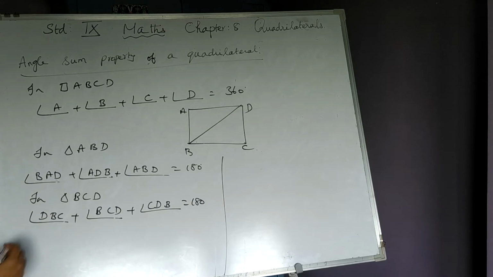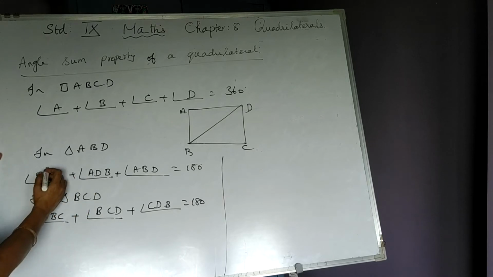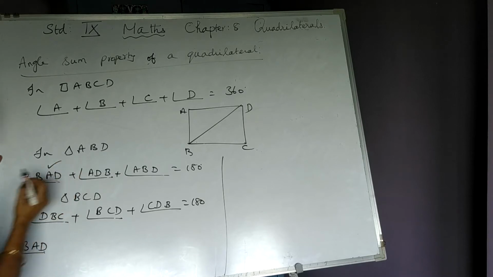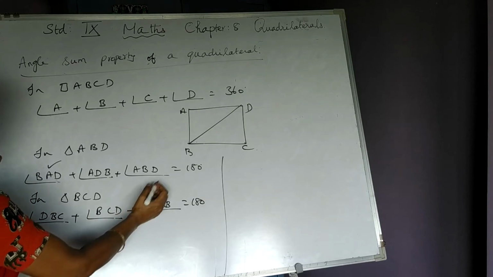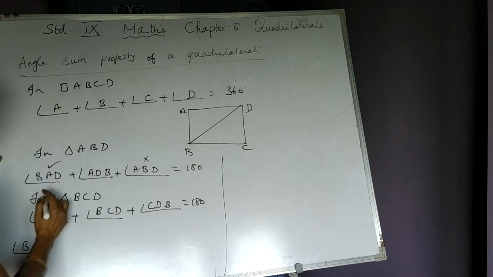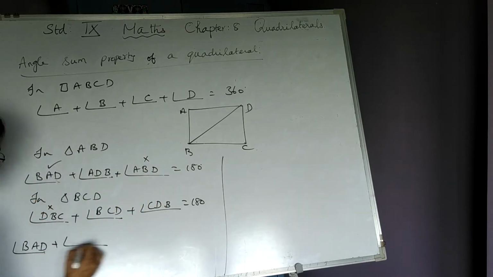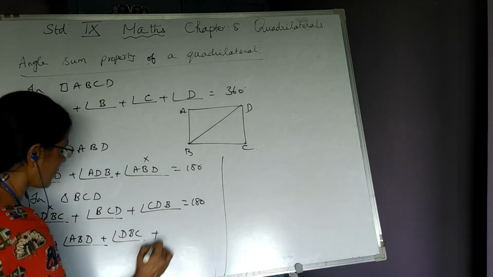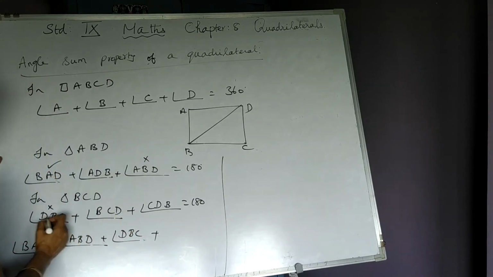So adding, I take angle A together, only one A is there, and then I take angle B together. Here is one angle B, here is an angle B. I write the angle B's together, it is easy to combine. So these 2 are taken.